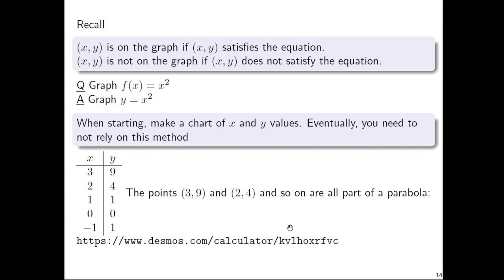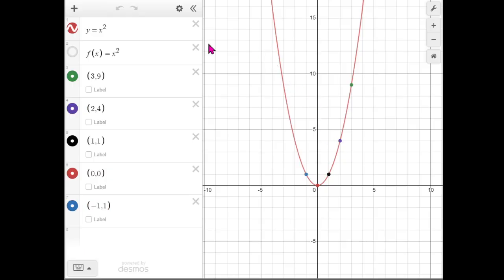Let's click on this link to see what that looks like. So we see that parabola here, it's y equals x squared, shown in red, but we could go back to function notation, and we'll turn that on here, and that's in blue. So now it looks a little purplish because the red and the blue occupy the same space. It doesn't matter which one you turn on, which one you turn off.